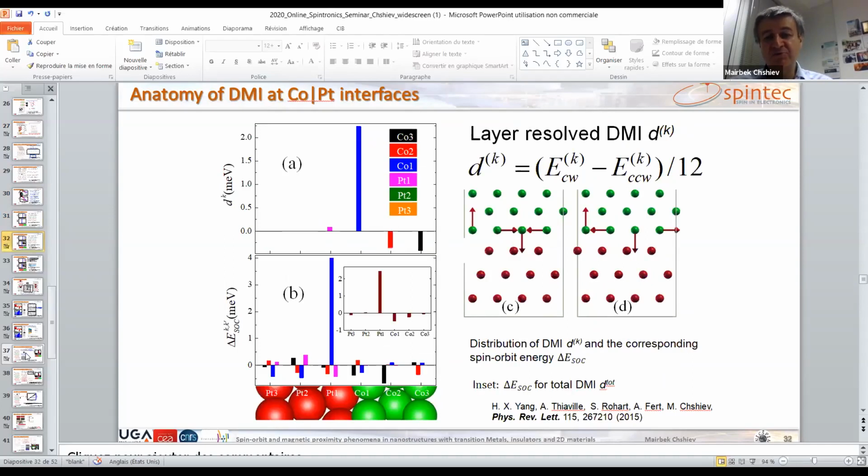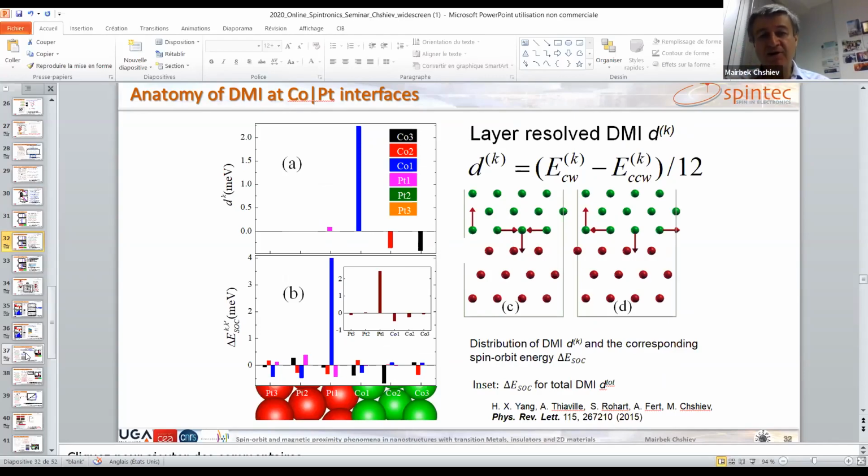For example, Hongxing with his group, we collaborate on that. We put different magnetic materials on top of a topological insulator and try to estimate the DMI in these interfaces. We're getting some interesting things, and I know my experimental colleagues are also getting good results.